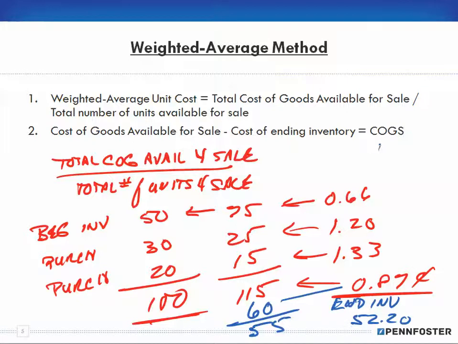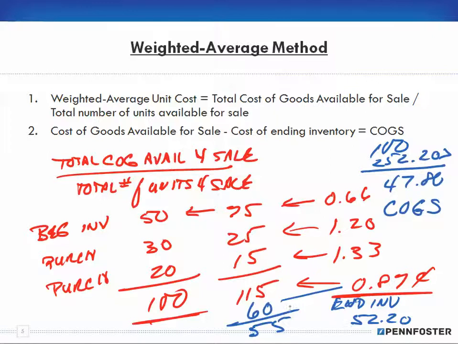So I take the $100 which was available for sale, subtract the $52.20, and that gives me $47.80, which is my cost of goods sold.